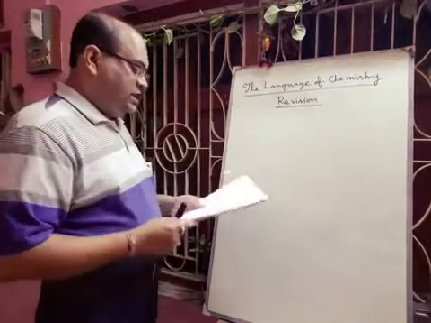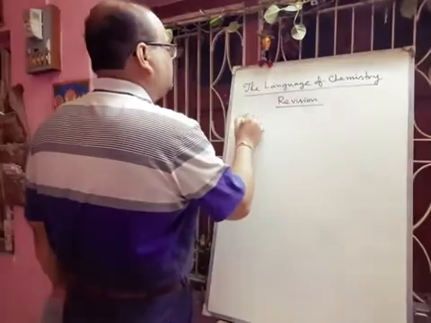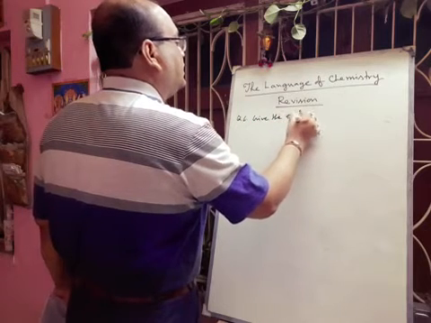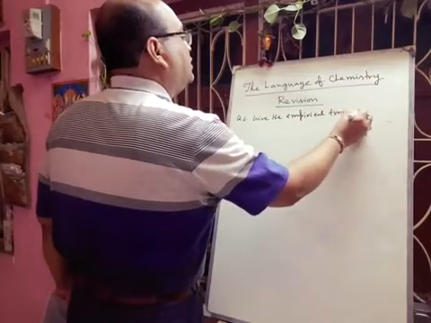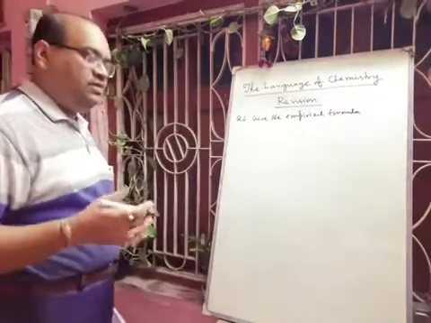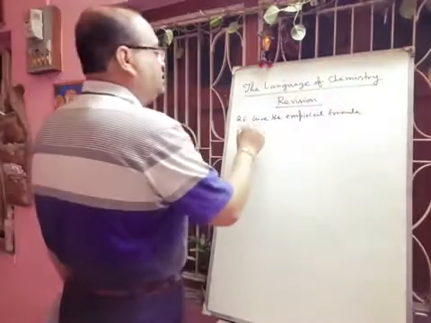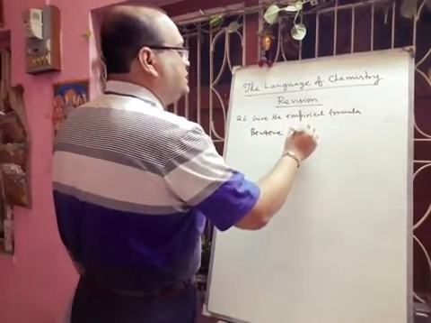Achha, next question, give the empirical formula. So definitely here molecular formula will be given. You have to find out the empirical formula. First one is given benzene. So you have to know the formula of benzene, that is C6H6.